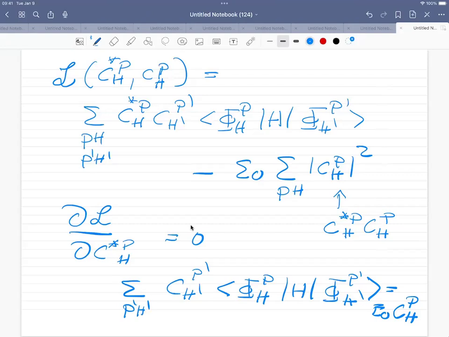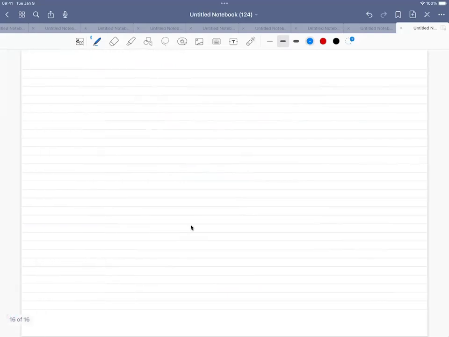And this is something which we can rewrite in terms of a matrix times a vector equal to a vector. This quantity which you see here is nothing but H, a matrix which acts on a vector.